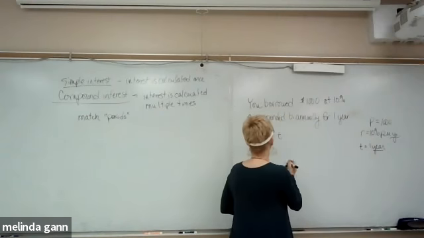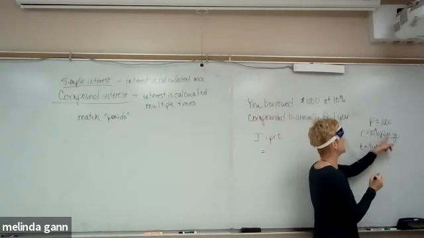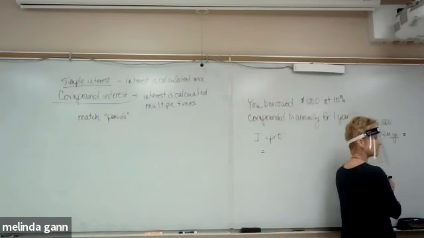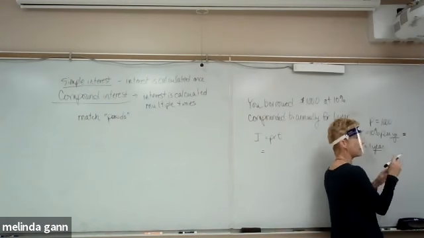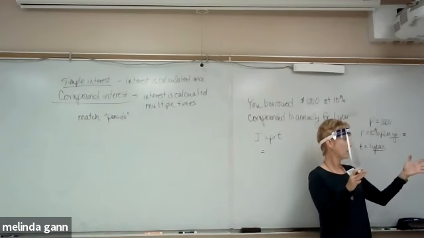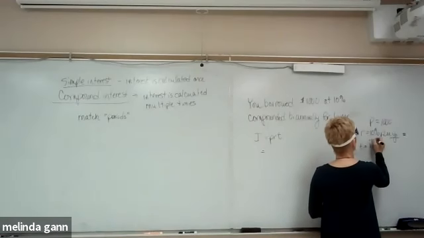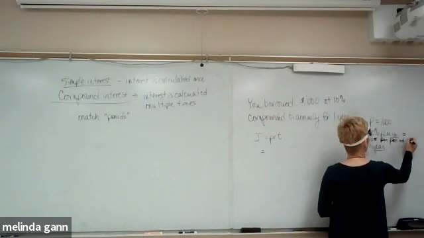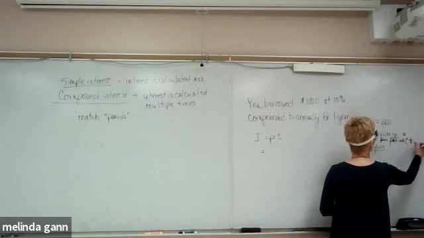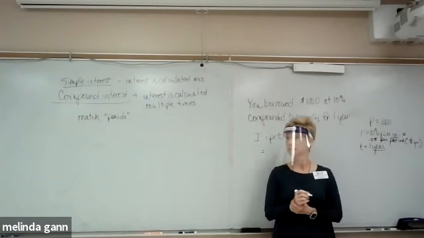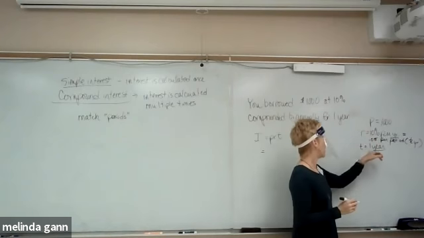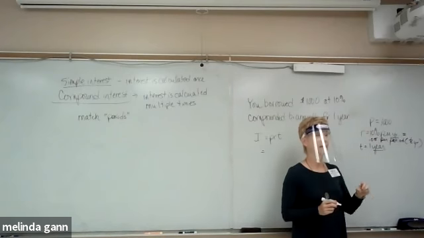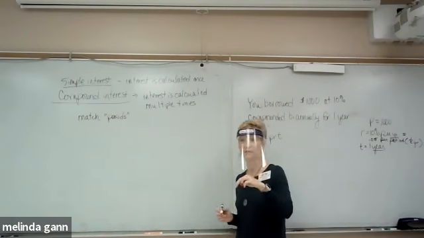Okay? So do we understand if it's 10% per year, then it's going to be what per half a year? 5%. So it'd be 0.05 per period. I'm going to put in parentheses half a year. Now, my time is going to end up being, how many times am I going to have to do this?